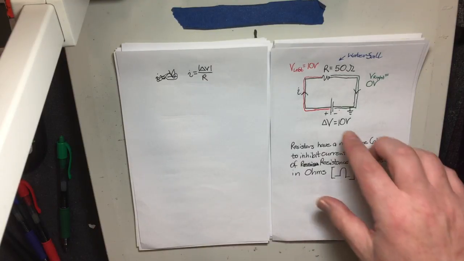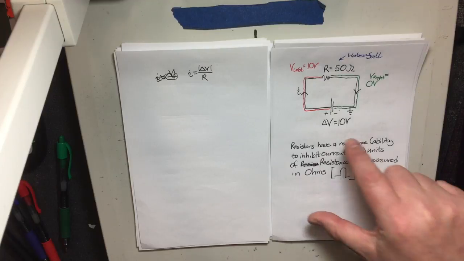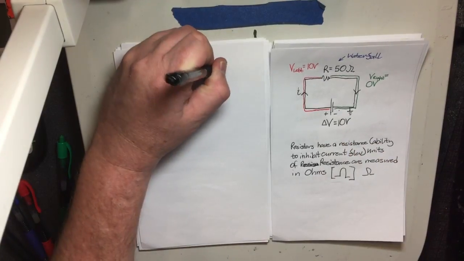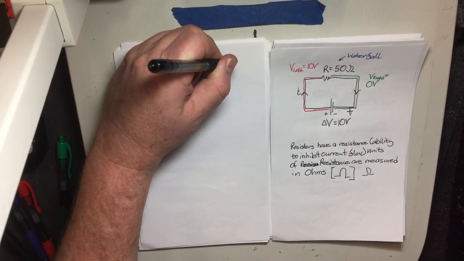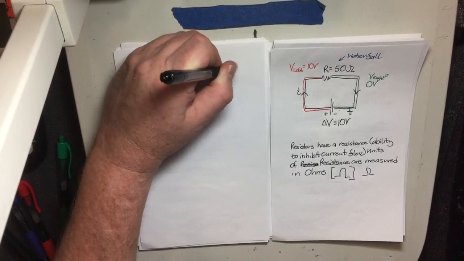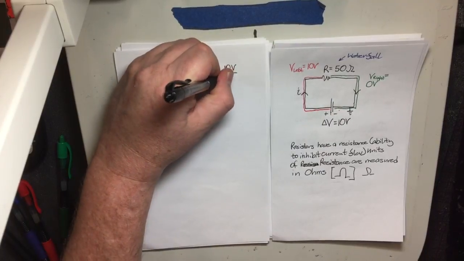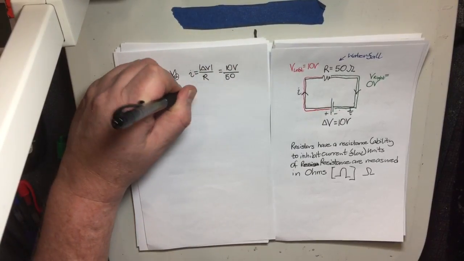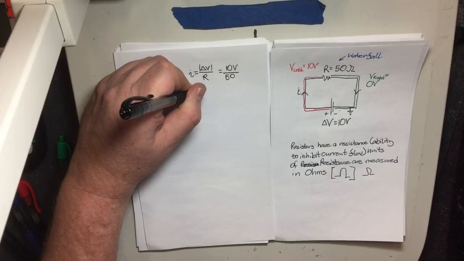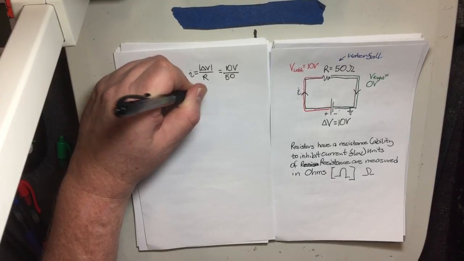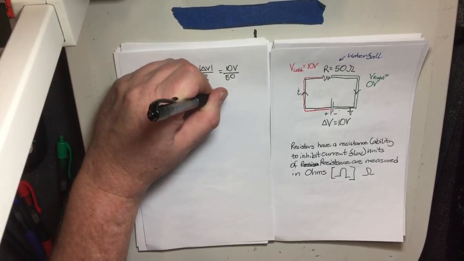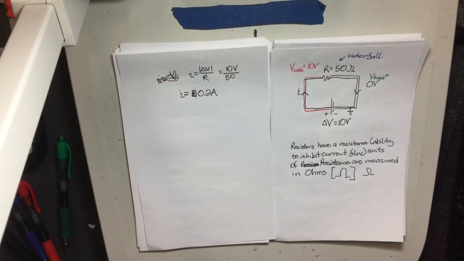The total change in potential is just the strength of the battery. So 10 volts. The resistance is 50. So I is 0.2 amps. So the current passing through the wire is 0.2 amps.